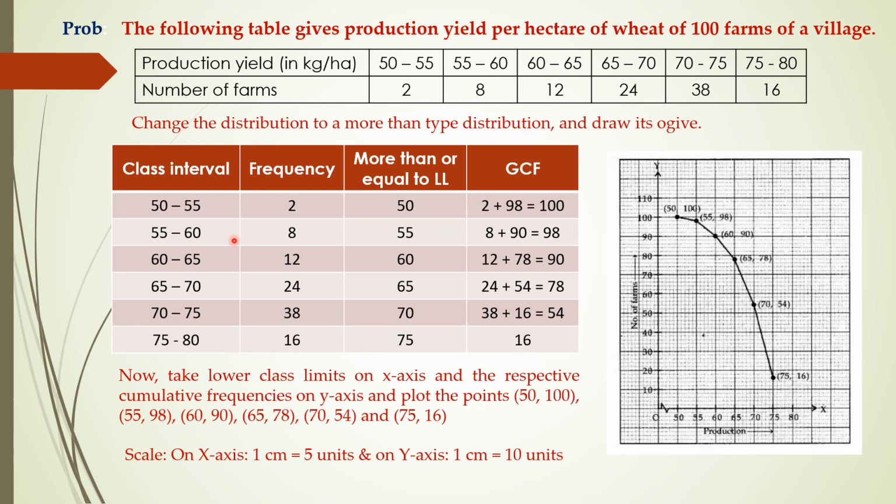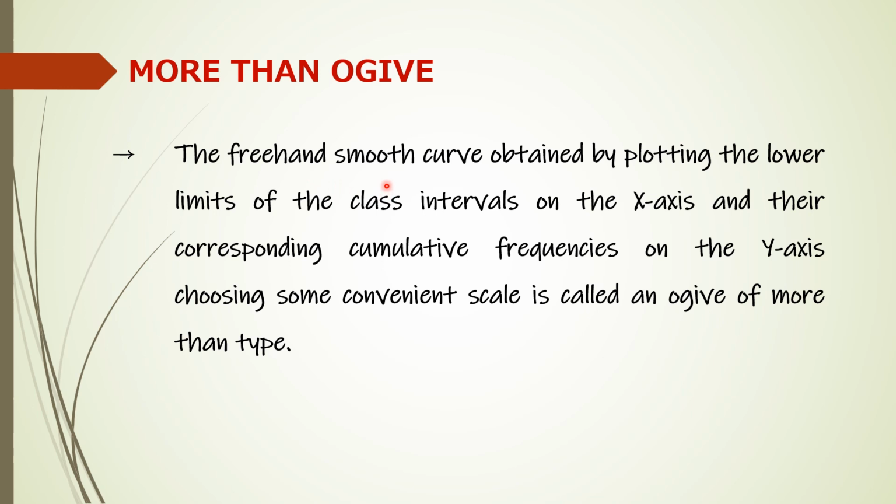Let's see the definition of more than OZ. Now, what is more than OZ? The freehand smooth curve obtained by plotting the lower limits of the class intervals on the x-axis and their corresponding cumulative frequencies on the y-axis, of course choosing some convenient scale, is called OZ of more than type.